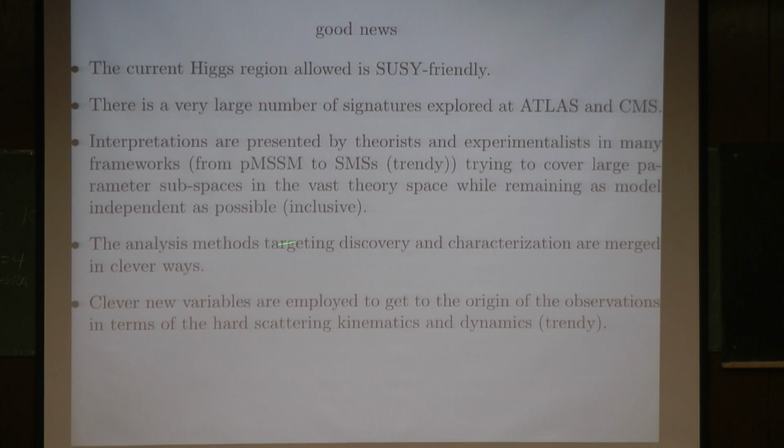So the analysis methods are targeting both discovery and characterization, and they are merged now in a clever way. It used to be that we took from the Tevatron the classical analysis with excesses in the tail of missing energy, and we had in the meantime the transverse masses along the lines of the transverse mass of the W, which is bounded by the mass of the parent particle.